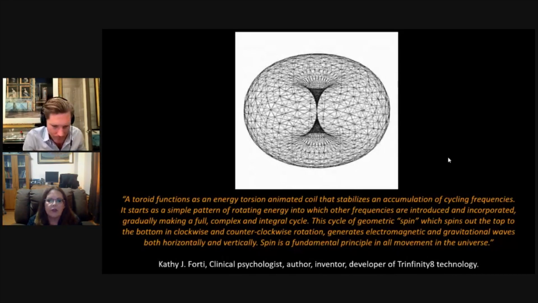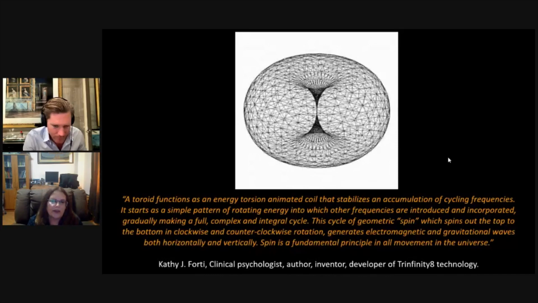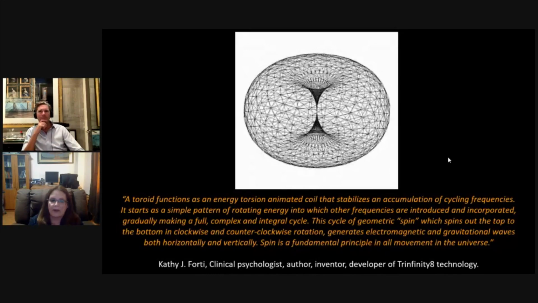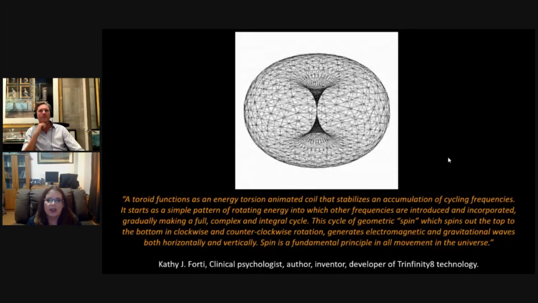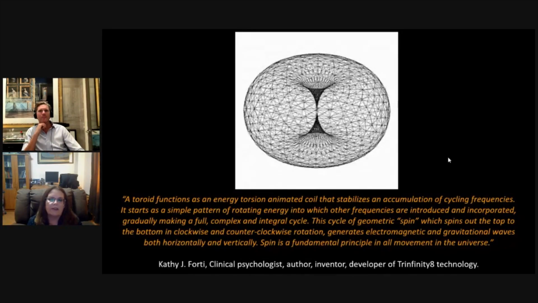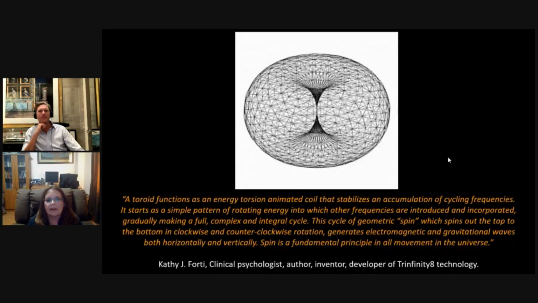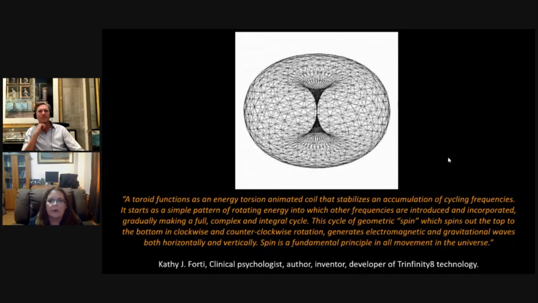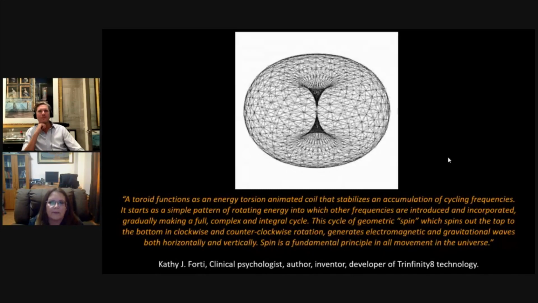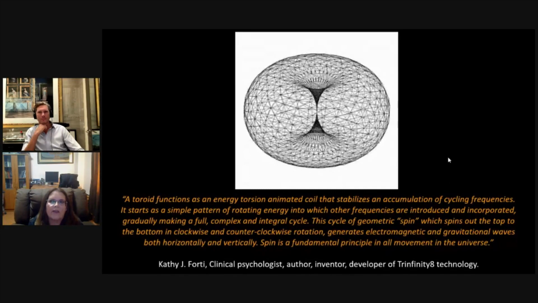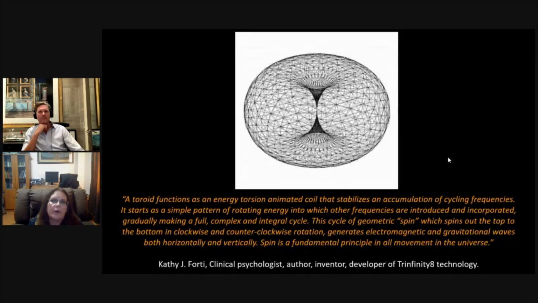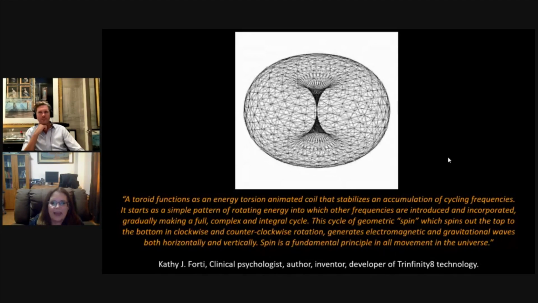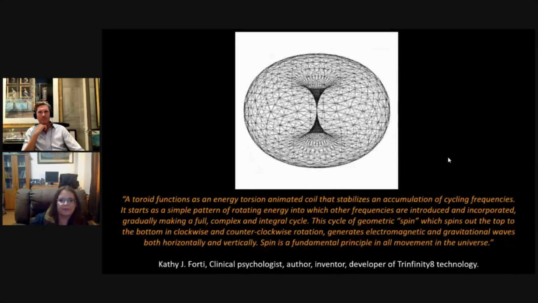This cycle of geometric spin, which spins out the top to the bottom in clockwise and counterclockwise rotation, generates electromagnetic and gravitational waves, both horizontally and vertically. Spin is a fundamental principle in all movement in the universe. It can't be any other way. The waveform comes out, it's breathed out, and it starts to spiral and spin. It can't be any other way.